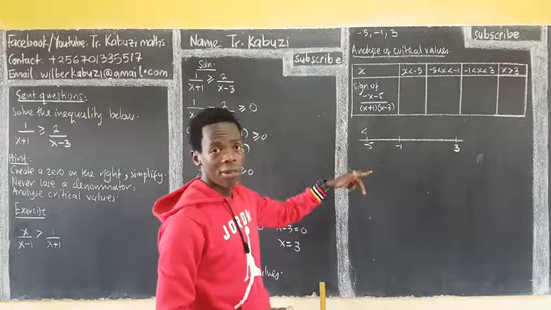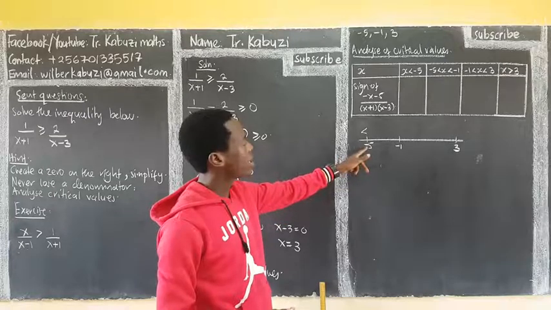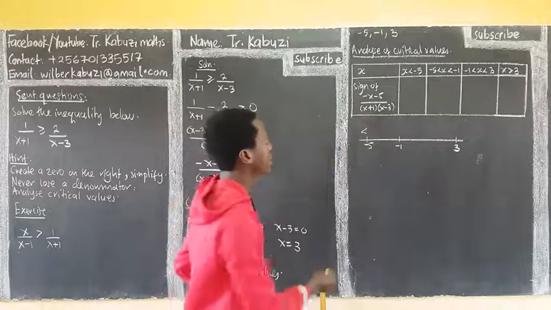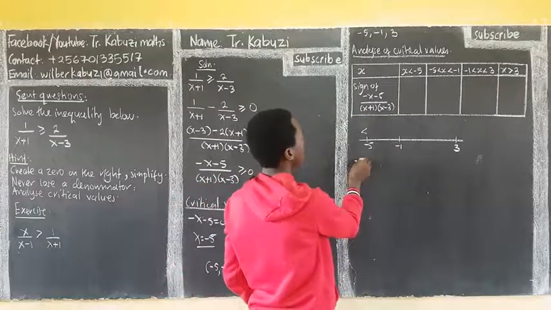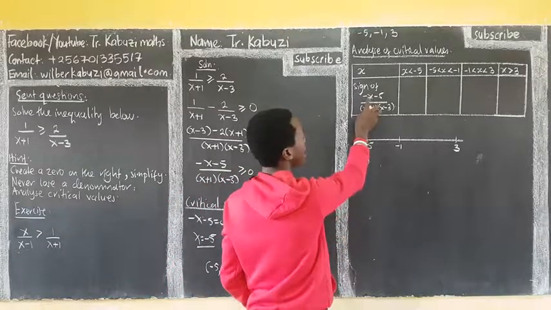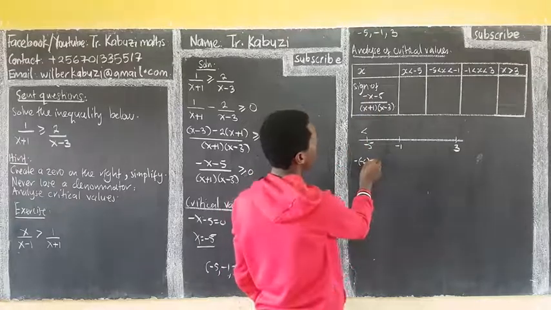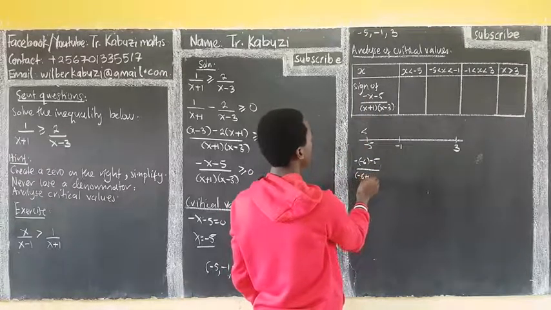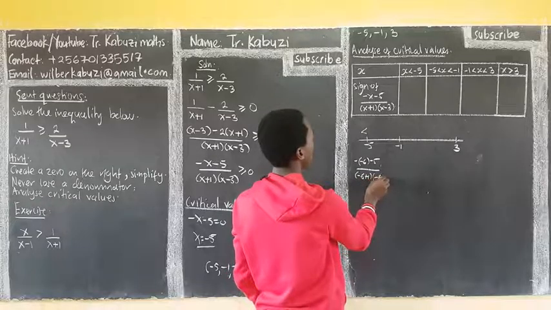But we take the closest as much as possible. So the closest to this is negative 6. So you put here negative 6. Now it's the x value that we are using, negative 6 minus 5 over negative 6 plus 1 into negative 6 minus 3.